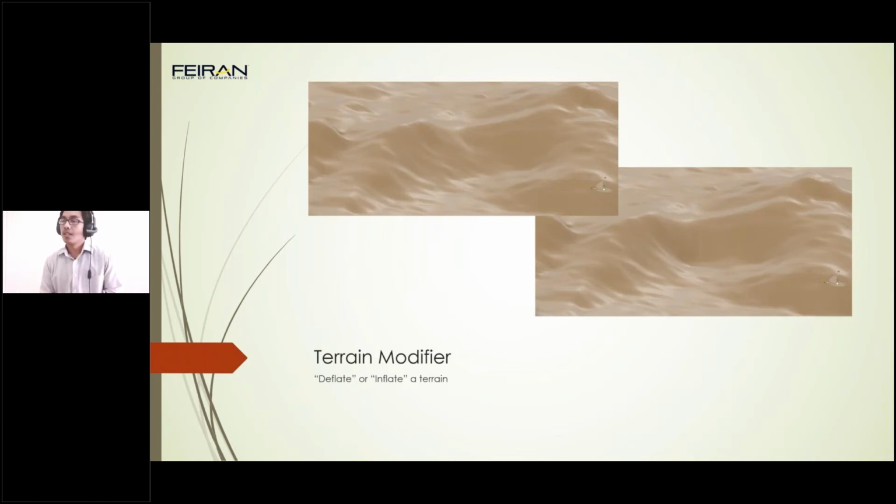Next is the terrain modifier portion of the smart topography. For this example, I'm showing two different pictures, but it's actually focusing on the same area. As you can see, the first picture is slightly different from the second picture. What is different? I highlighted this area. What happens if this particular area experiences continuous and severe landslide?